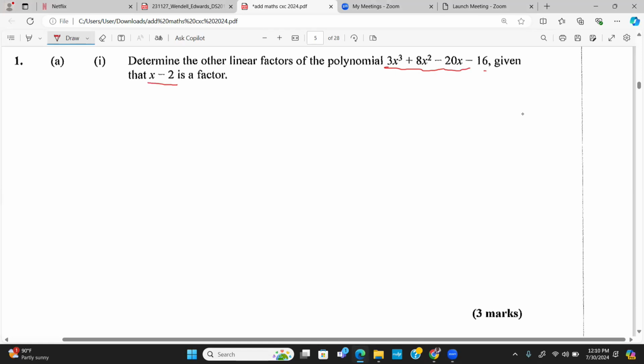What this means is that if x minus 2 is a factor, if I should divide x minus 2 into 3x to the third plus 8x squared minus 20x minus 16, I should get a remainder of 0.